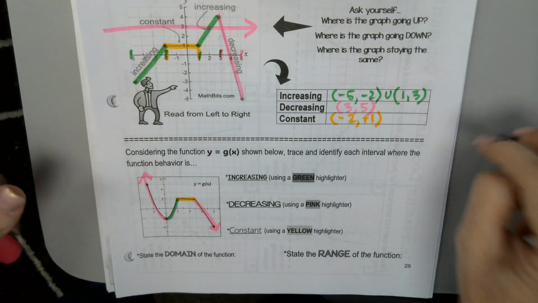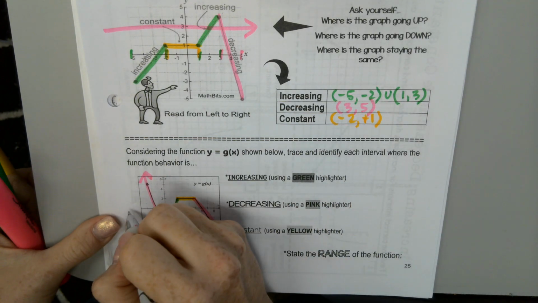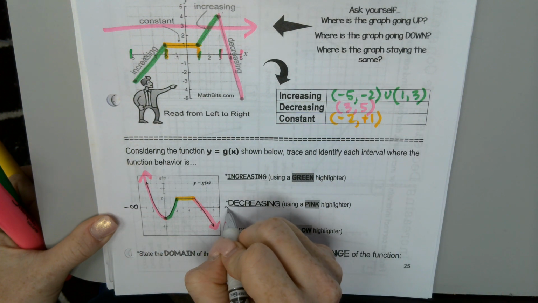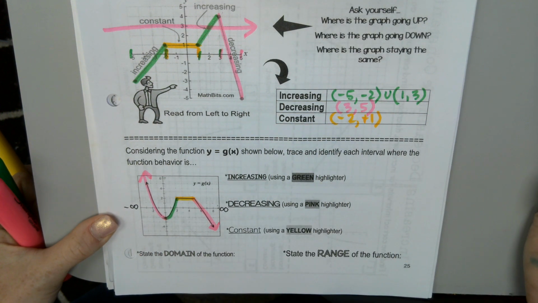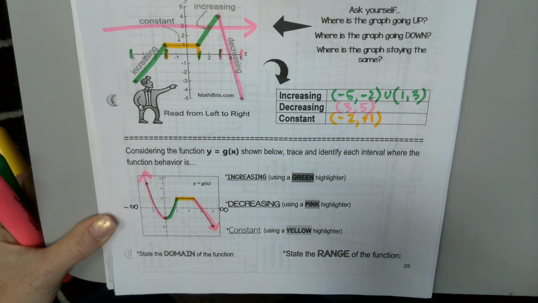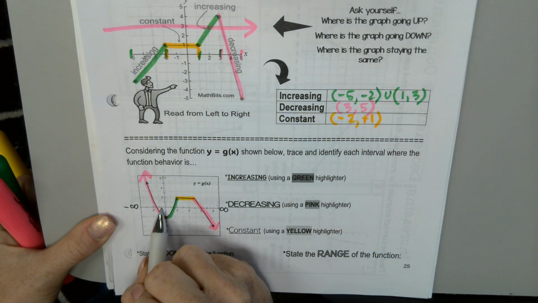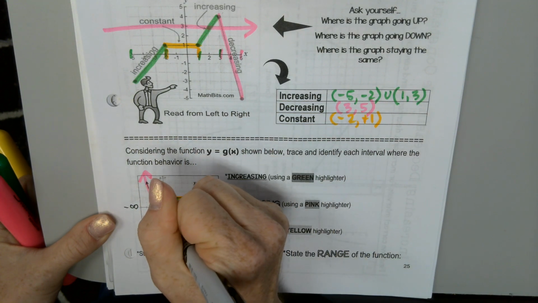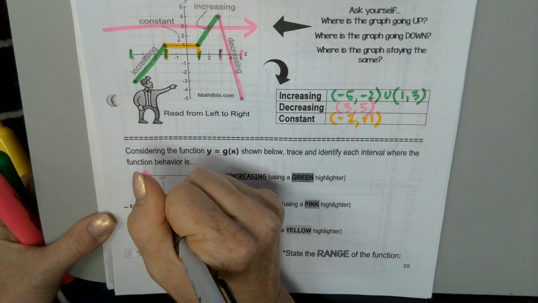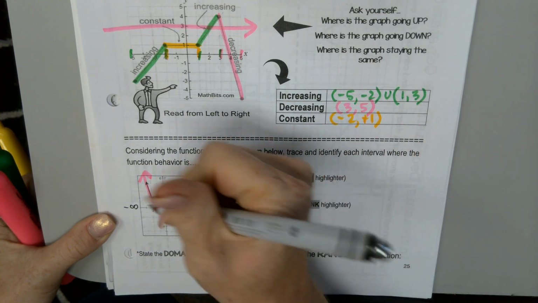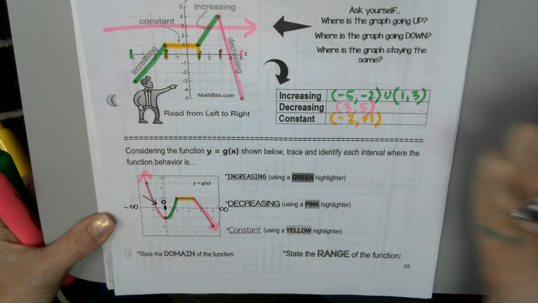Now remember, we are writing from left to right. So I'm coming from -infinity and I'm going to +infinity. I want to mark on my x-axis where changes happened. From -infinity until I get right here to 0, what is that graph doing? It's falling, it's decreasing.